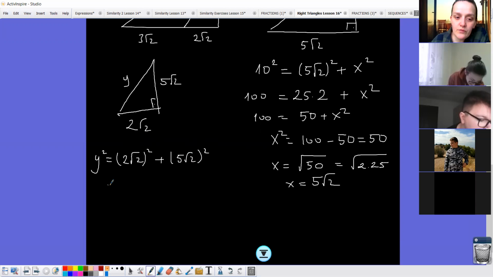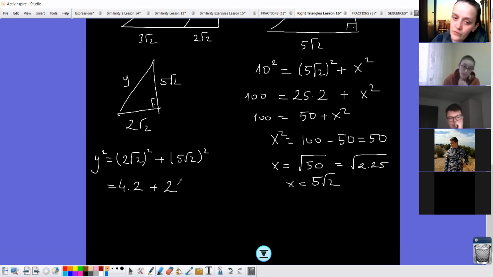Then what will be 2 root 2 squared? So 4 times 2, plus 25 times 2, which is 8 plus 50, 58.